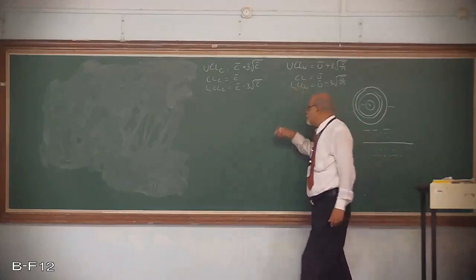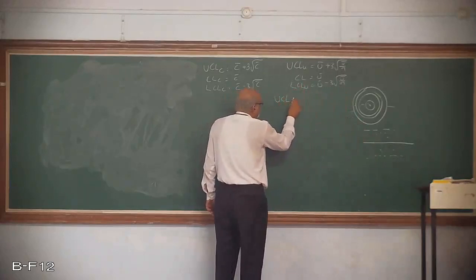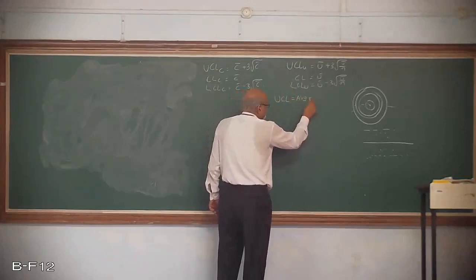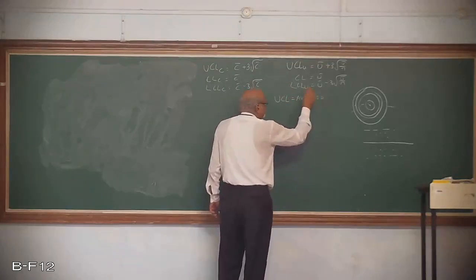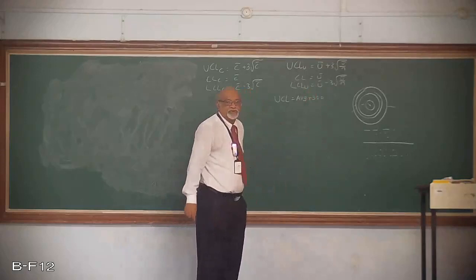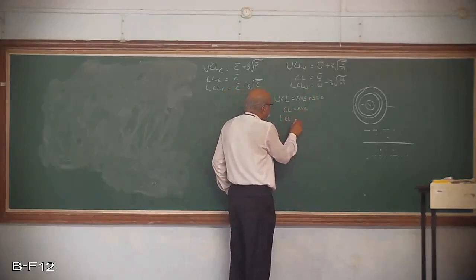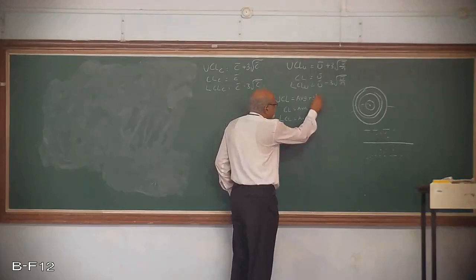So the upper control limit of any chart is equal to the average plus 3 times the standard deviation. The central line is the average value. The lower control limit is the average minus 3 times the standard deviation.